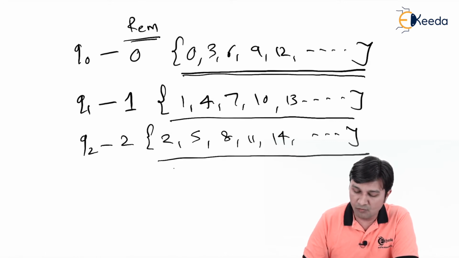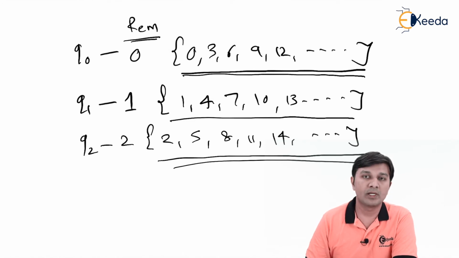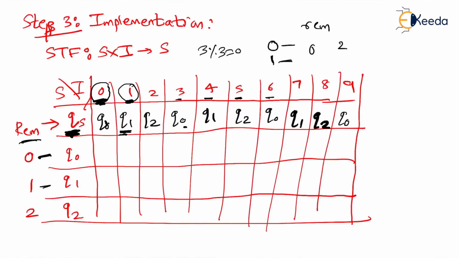And the numbers like 2, 5, 8, 11, 14 will belong to the state Q2. So let me quickly write the numbers which belong. Can I say the numbers which belong to Q0 are 0, 3, 6, 9, so on and so forth. Similarly, over here we have 1, 4, 7, so on and so forth. We have 2, 5, 8, so on and so forth.